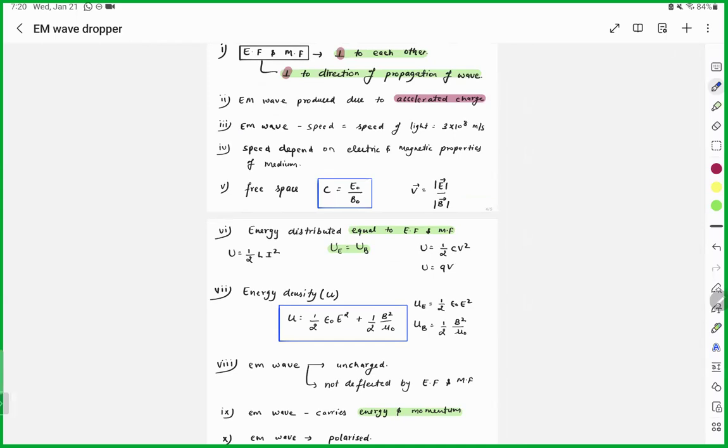I will explain this in more detail, Sarah, in wave optics, where we have the topic of polarization. When you have unpolarized light, it means it is moving in all directions. That is unpolarized light.